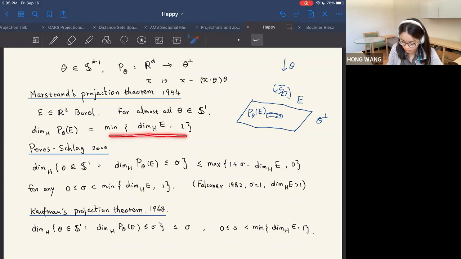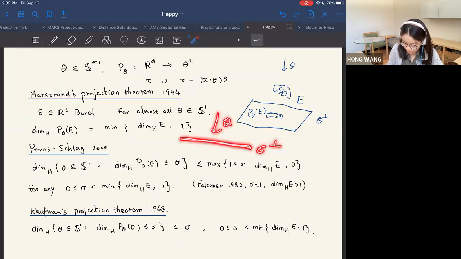This is the best possible because now the perpendicular plane is just a line, so the maximum dimension is 1, and also the best we can hope for is the dimension of E.